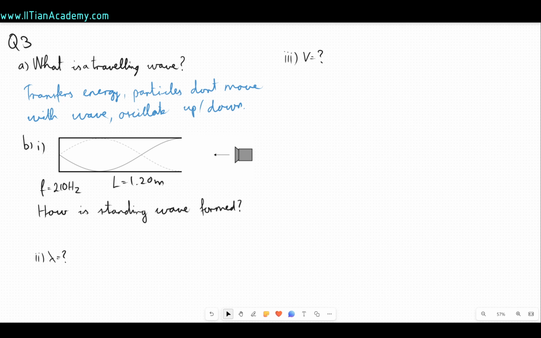The general idea we need to have here is that the loudspeaker is emitting sound waves, which are moving through the air, and these sound waves are reflecting at the end of the pipe.